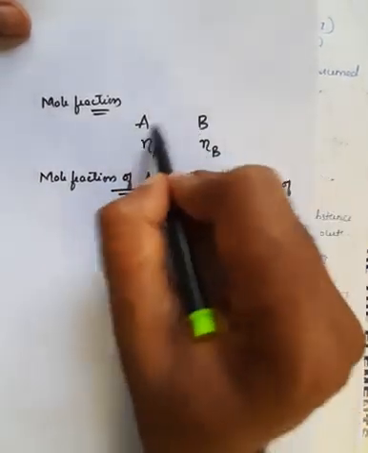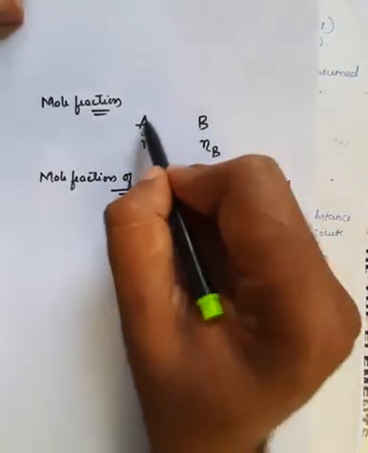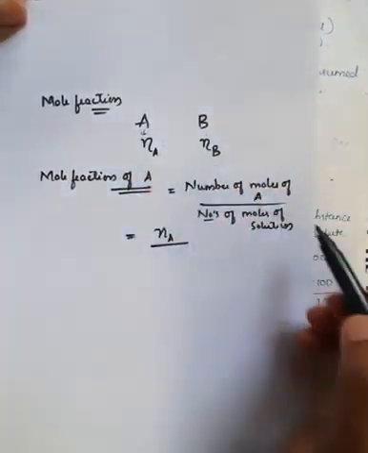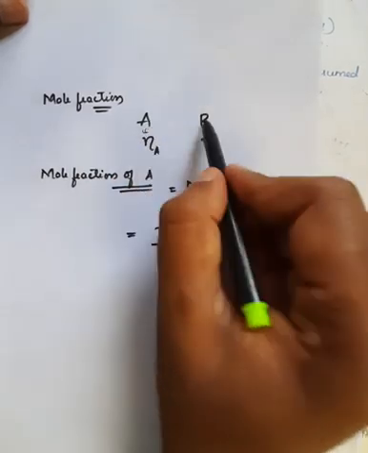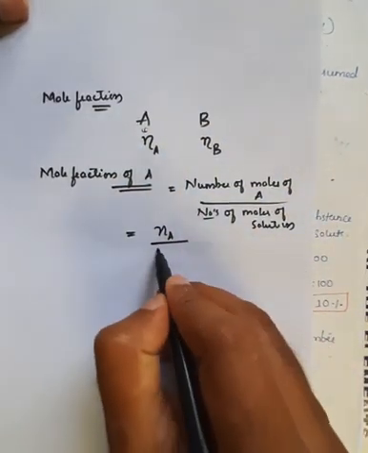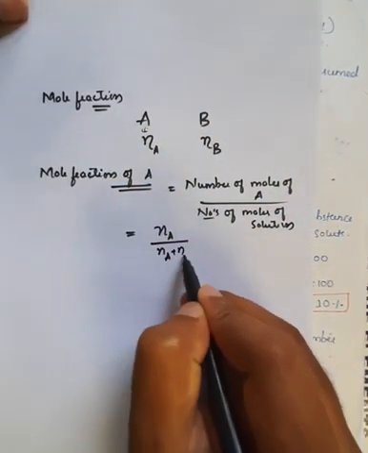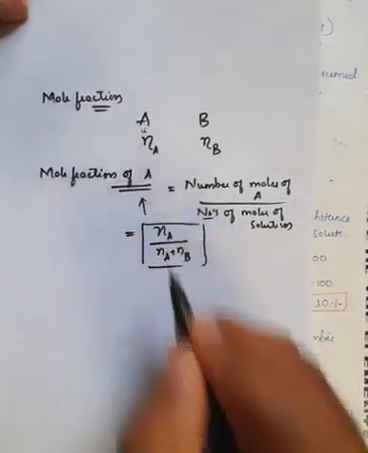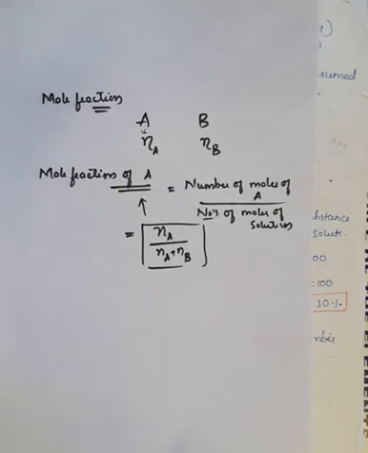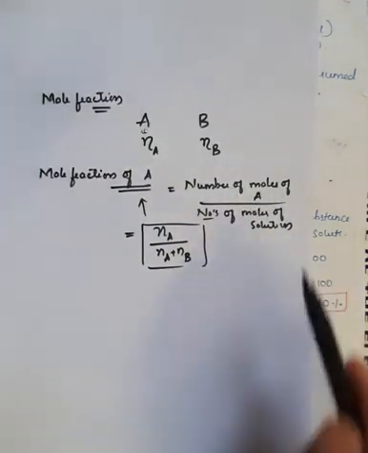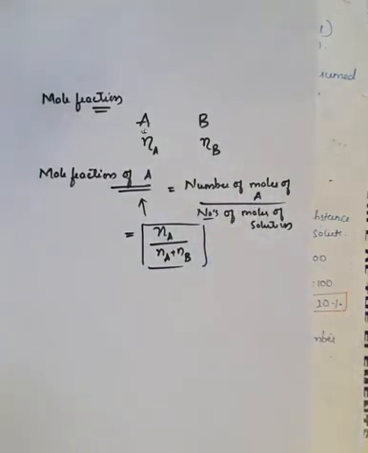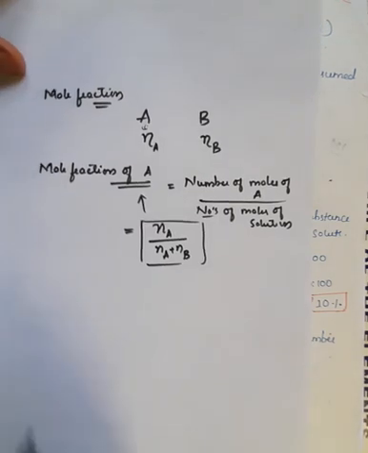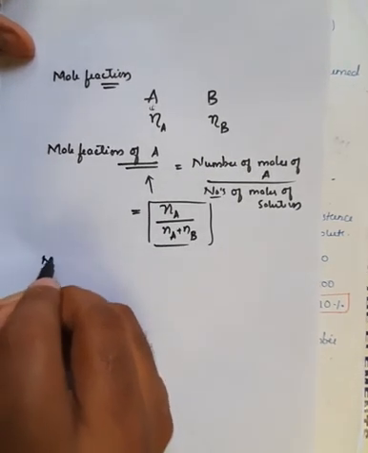Whenever you add these two reactants, that will give the overall solution, solute plus solvent. So it is nothing but Na plus Nb. So this is the mole fraction of A. Similarly, we can calculate the mole fraction of B also.